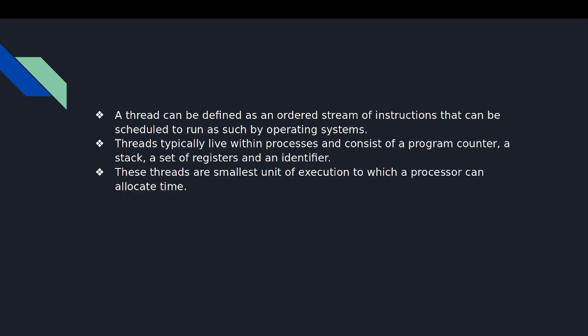These threads are the smallest unit of execution to which a processor can allocate time. So your processor is going to allocate time slots to the programs or the instructions that it is receiving and schedule them for execution. So the smallest unit to which a processor can allocate time will be a thread.